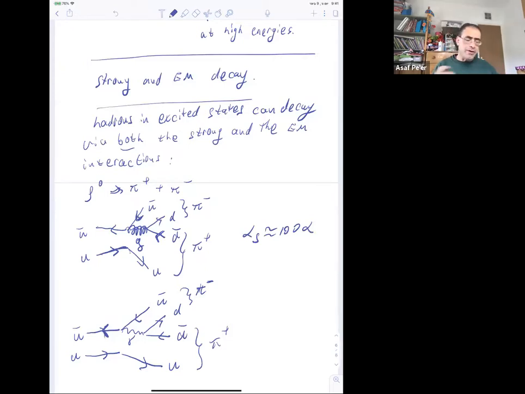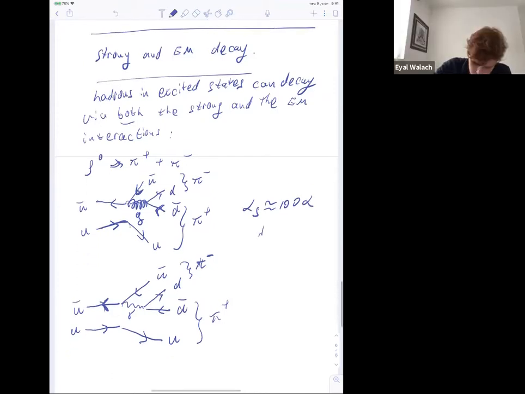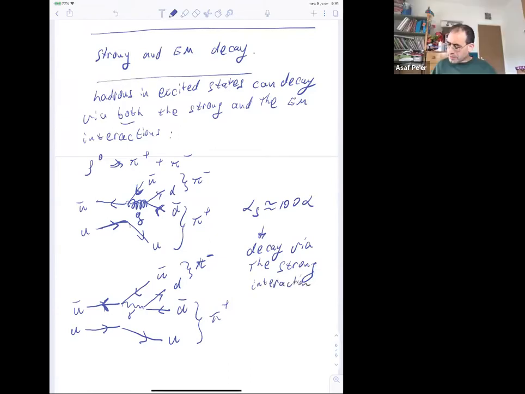In fact, if a particle can decay via the strong interaction, that's normally what it will do. That's always the dominant process. It also explains why they have such a short lifetime.